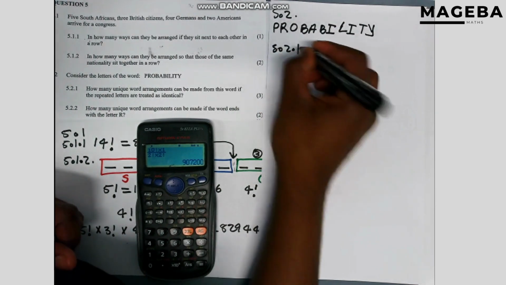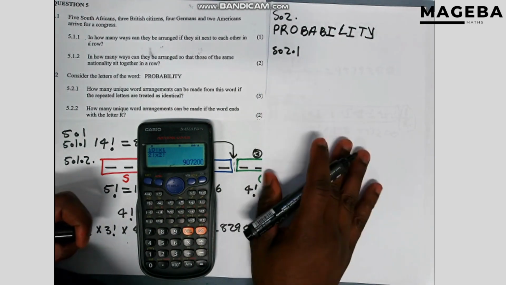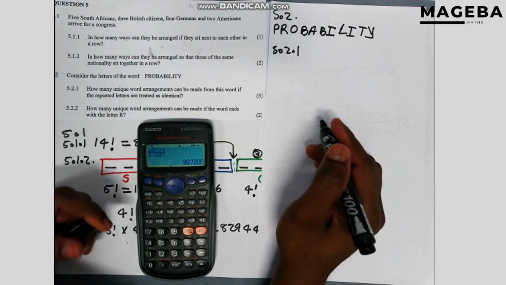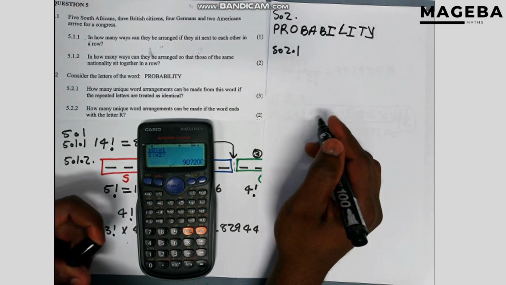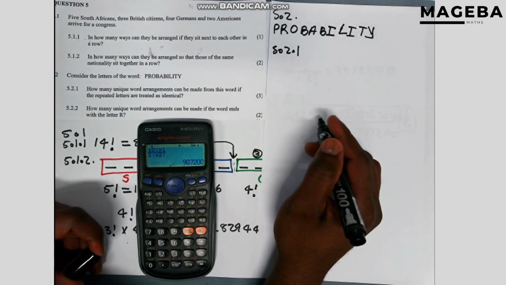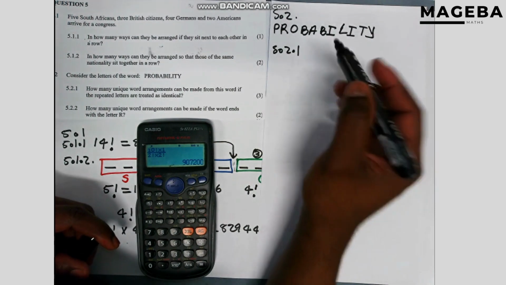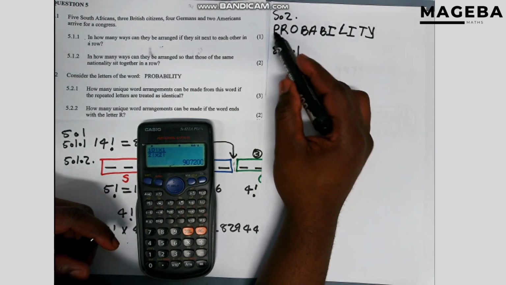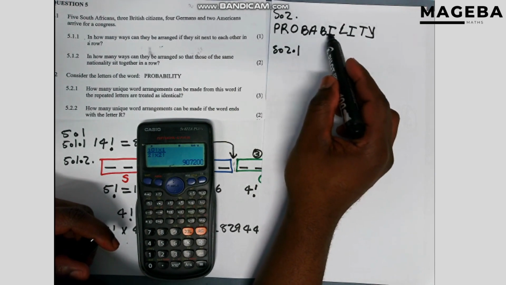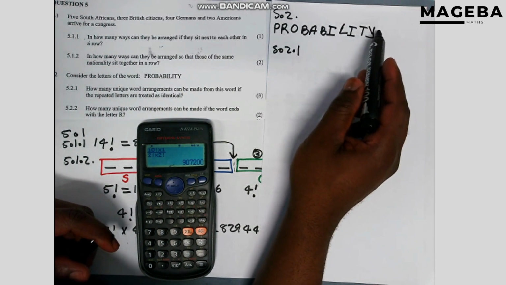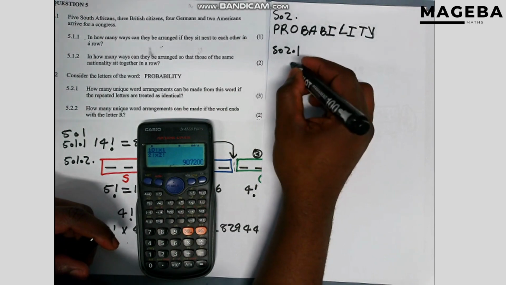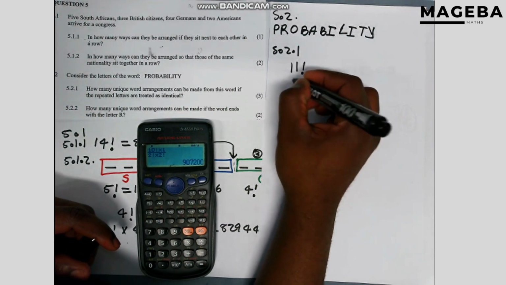They're asking how many unique word arrangements can be made from this word if the repeated letters are treated as identical. So how many letters do we have here? 1, 2, 3, 4, 5, 6, 7, 8, 9, 10, 11. So I have 11 letters, so I have 11 factorial.